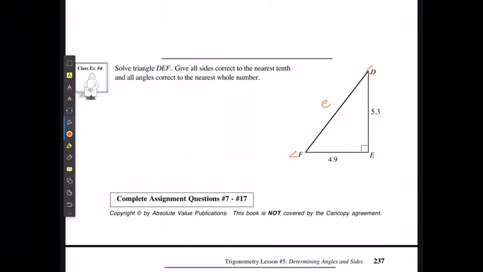So in this case, I'm going to start by using my Pythag to solve for side length E, and I'm going to say that E squared is going to equal 5.3 squared plus 4.9 squared, which means that E squared is going to, in this case, wind up equaling 52.1.